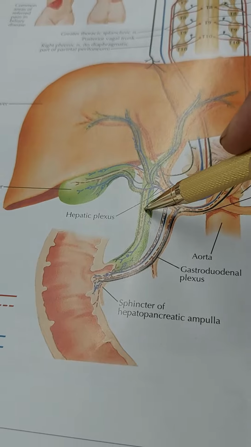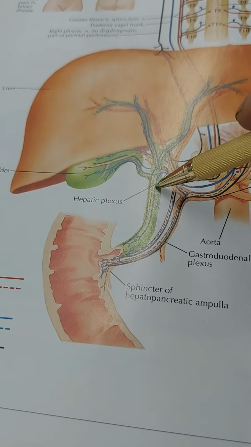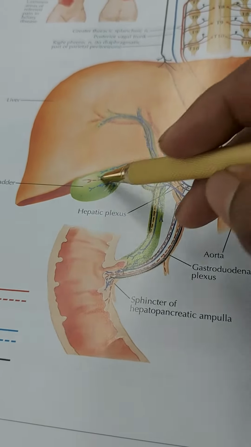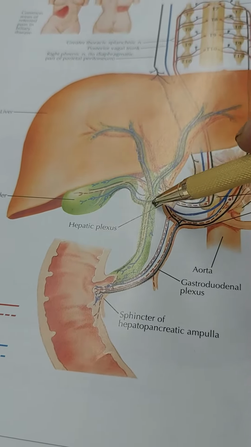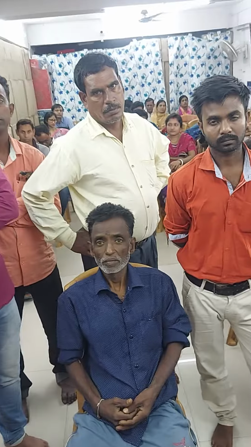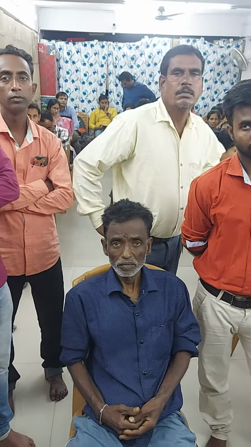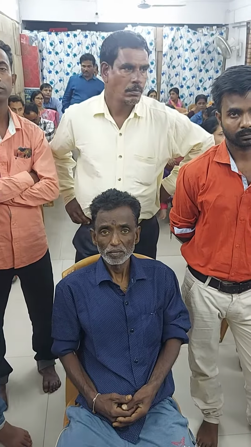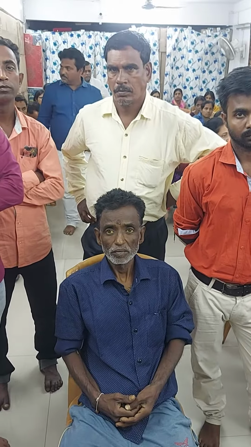So when there is bile obstruction, what happens? Bile goes back, that is called the feedback mechanism, and the gallbladder is filled up by bile. Then the bile enters into the liver again and enters into the blood, and the bilirubin enters into the blood. When the excess of bilirubin goes to the blood, the change of color is shown.